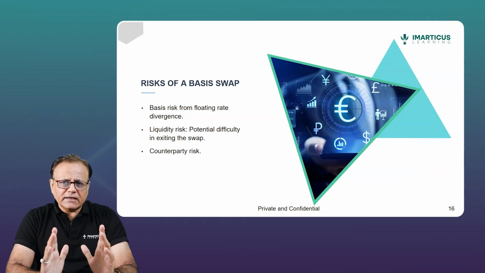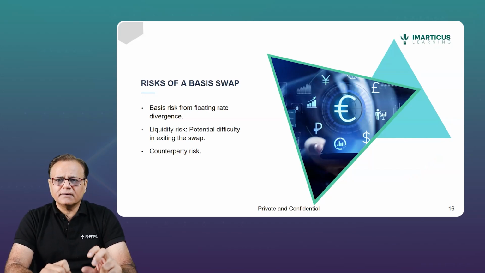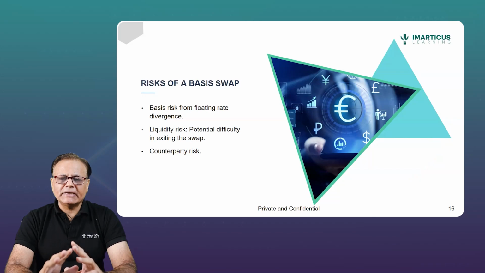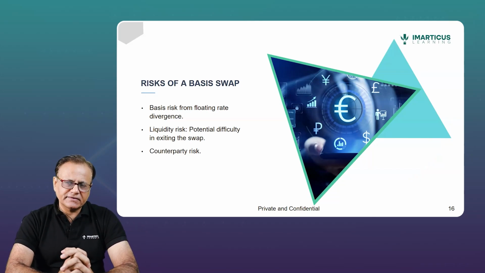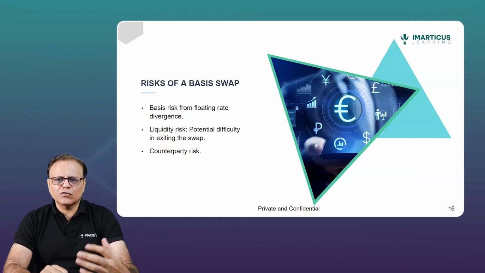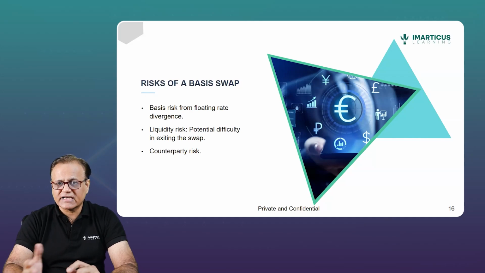Even as I said, any hedging mechanism is to mitigate the risk, but as I mentioned earlier as well, it cannot be completely done away with. There will be some element of risk even after getting into a basis swap, a floating rate basis swap, if there is some major divergence in the basis as such.